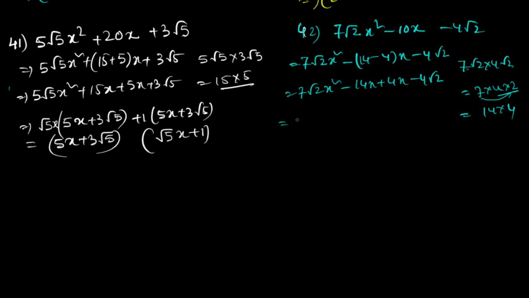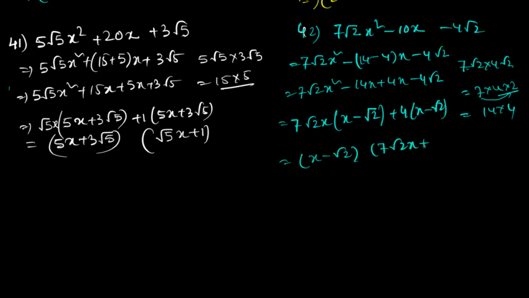So I can take 7 root 2 x common, so I'll be left with x minus root 2, and if I take 4 common, I'll be left with x minus root 2. So x minus root 2 into 7 root 2 x plus 4. That's question number 42.